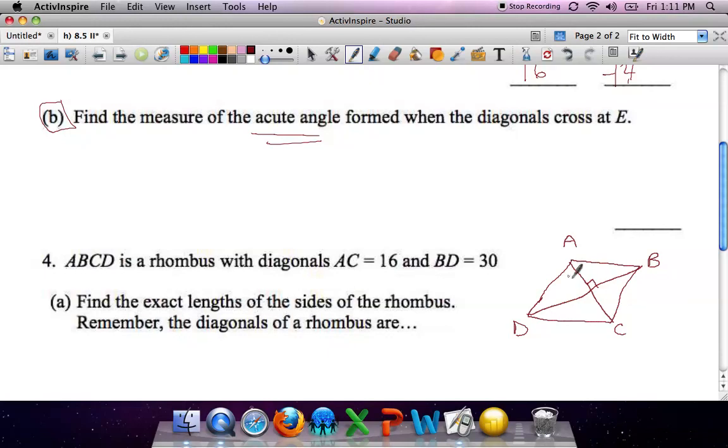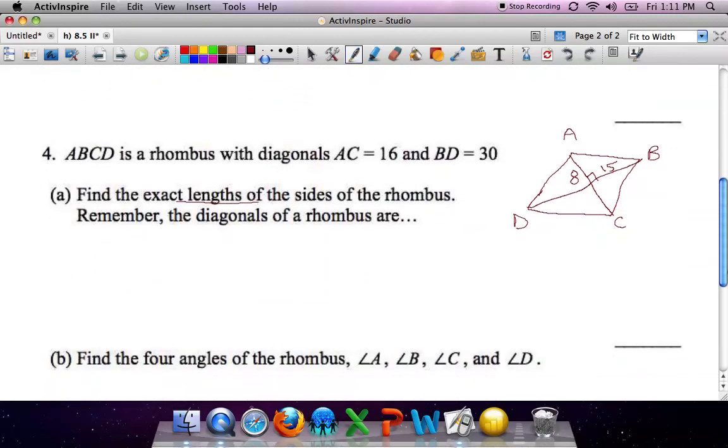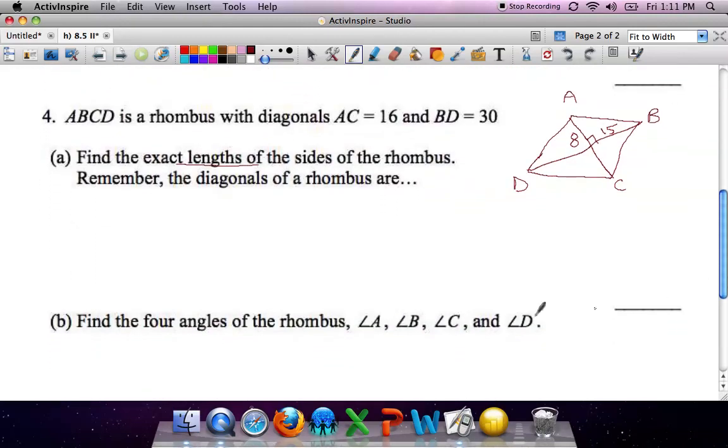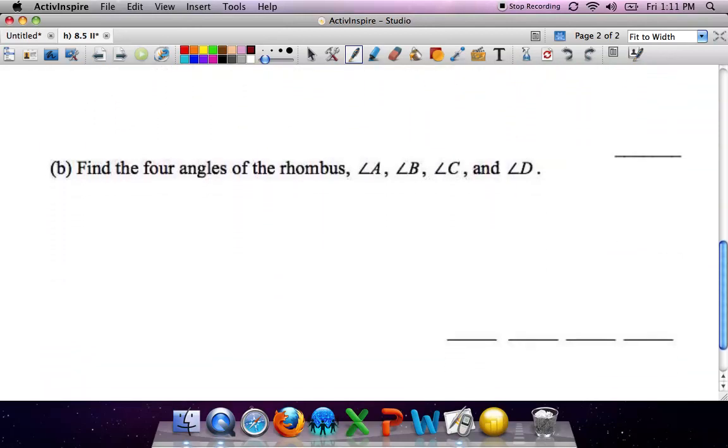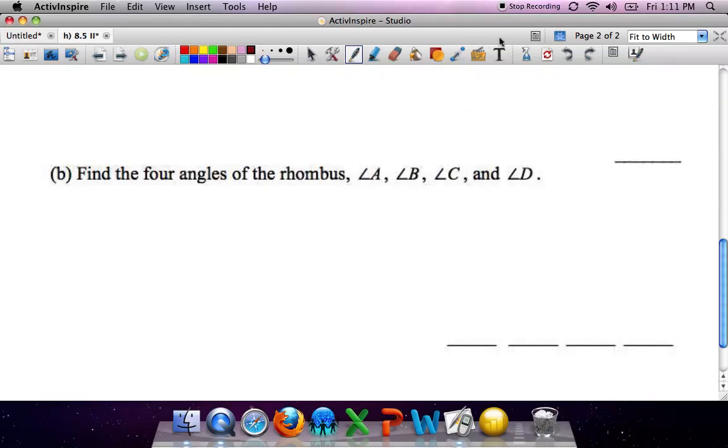So if this whole thing is 16, this is 8. BD whole is 30, so half of 30 is 15. So I see a right triangle here, so you could set up to find the exact length of the sides of the rhombus. The next question asks you to find the 4 angles. Complete this for homework.